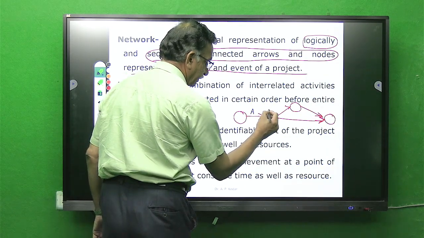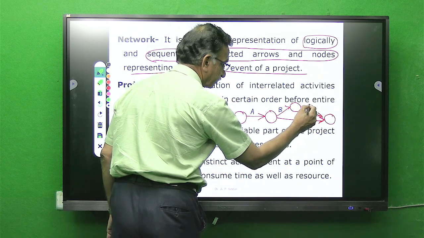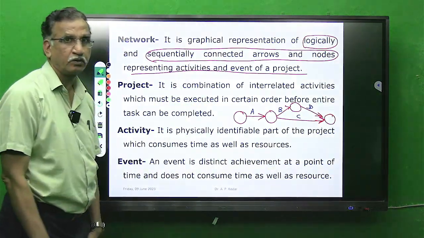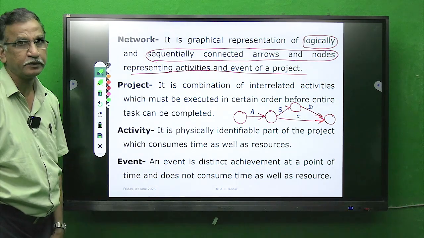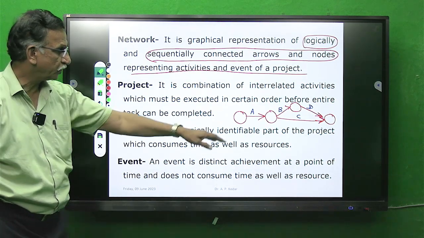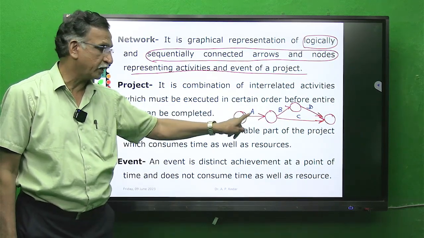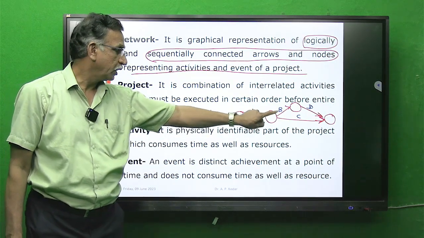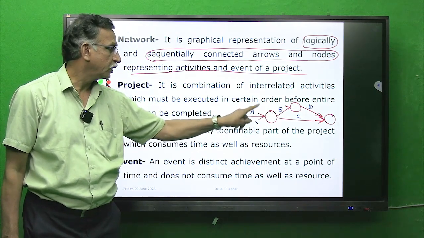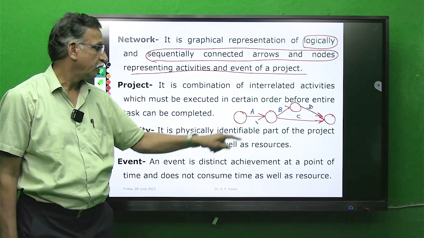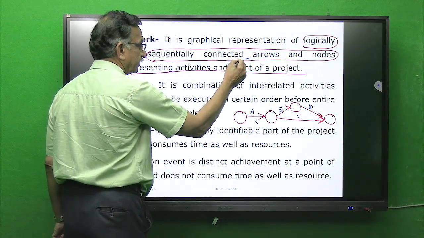I have written over the arrows A, B, C, D. Students, these straight line arrows are referred to as activities, and these circles are referred to as events.